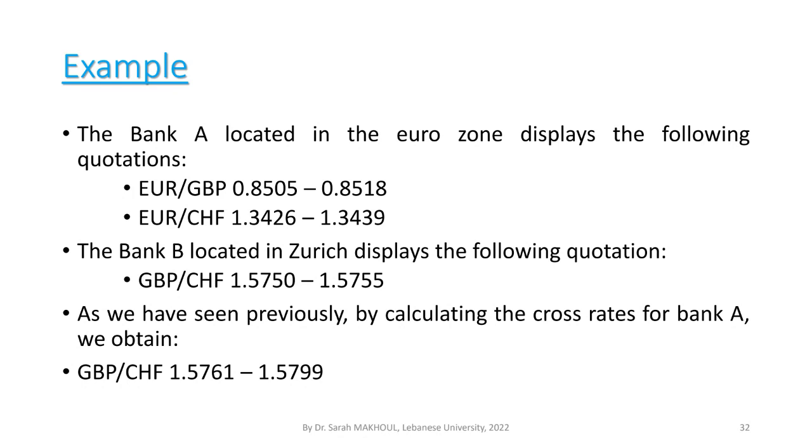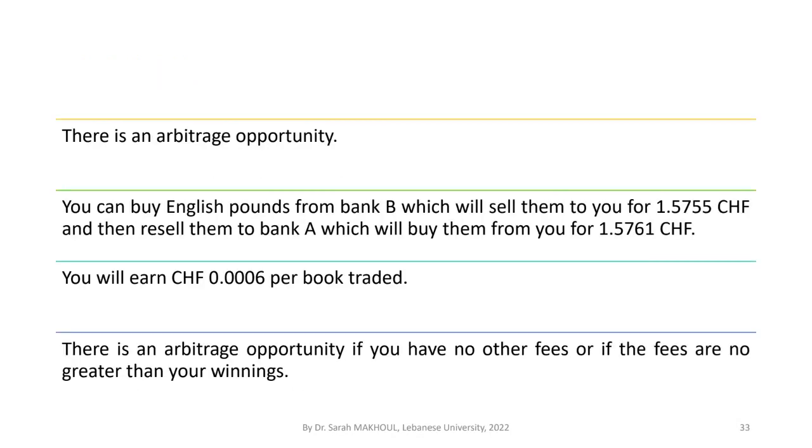So as you can see, there is a difference between bank A and bank B. So here we need to know that there is an opportunity of arbitrage.